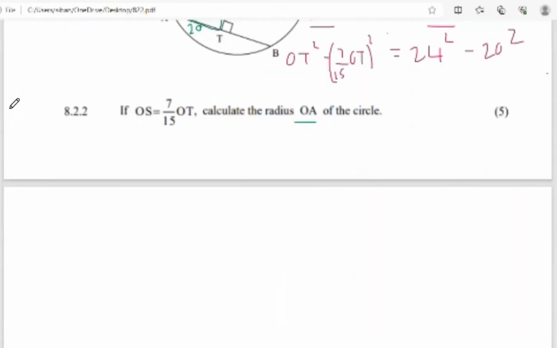On our left-hand side, our OT squared will stay the same, and then we're going to square that 7/15 OT squared. 7/15 squared will change to 49/225 OT squared. 24 squared will give me 576, and 20 squared will give me 400.